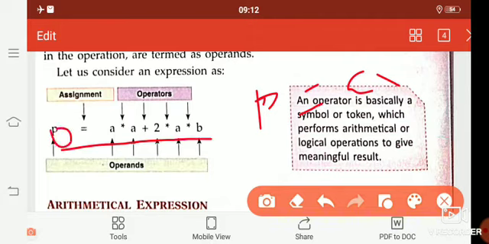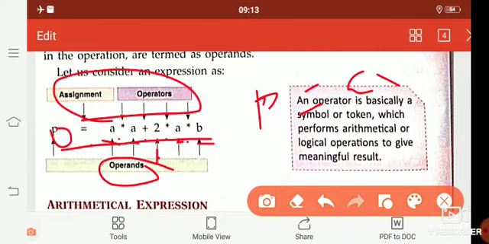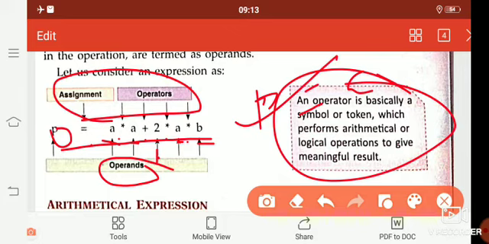Here p, a, b are variables, and they are also known as operands. 2 is also an operand, which is a constant, and the symbols into, plus, equal are called operators. So an operator is basically a symbol or token which performs arithmetical or logical operations to give a meaningful result. Okay beta, clear?